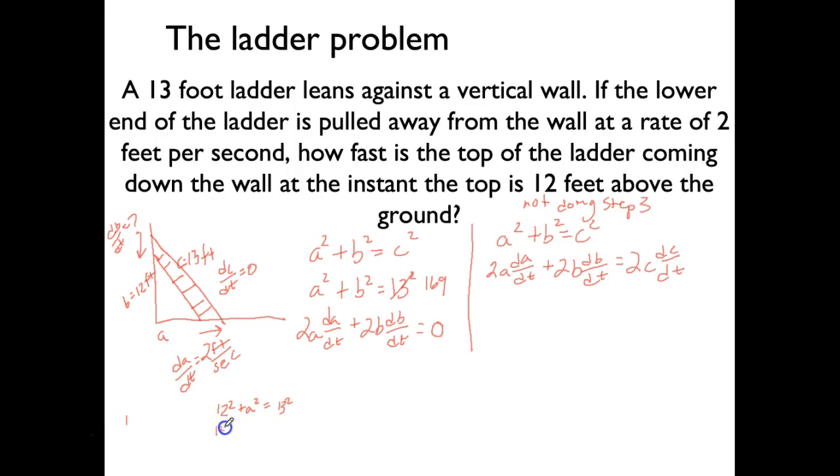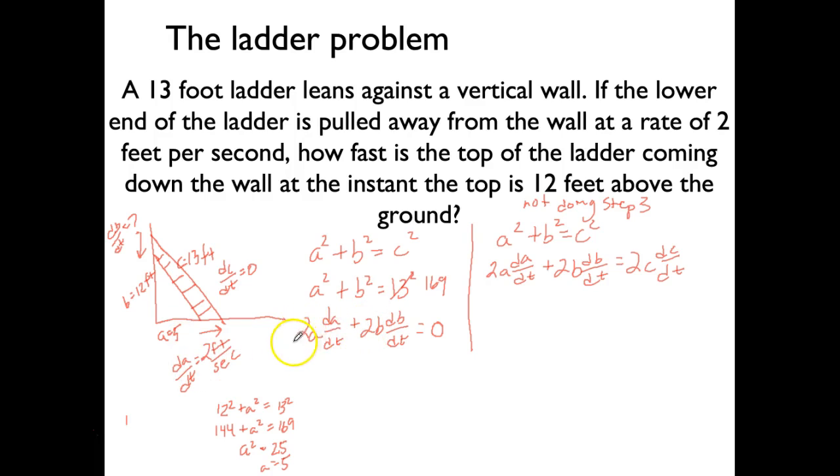So that's going to be 144 plus A squared equals 169. Now I'm going to subtract the 144 over, so 169 minus 144 is going to be 25. So we're going to have A squared equals 25, and square root, so A is equal to 5. So this length right here is 5.